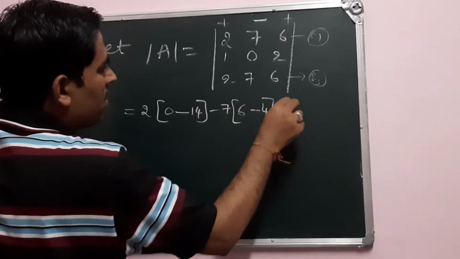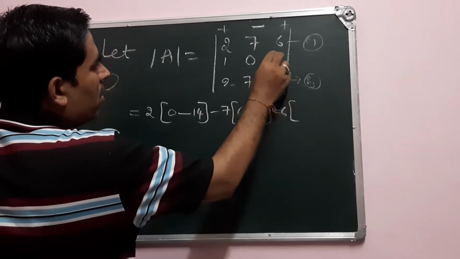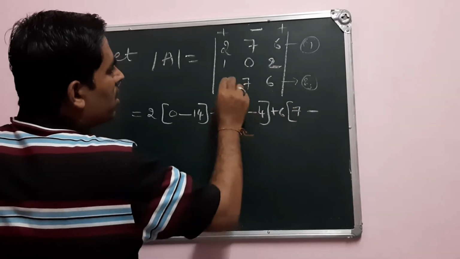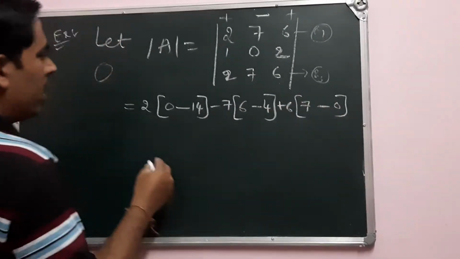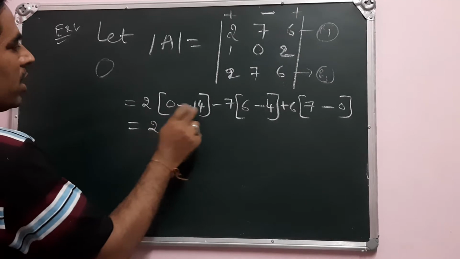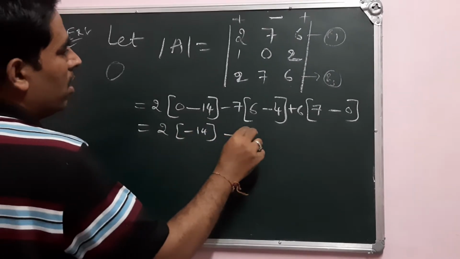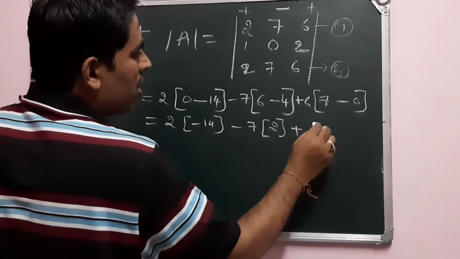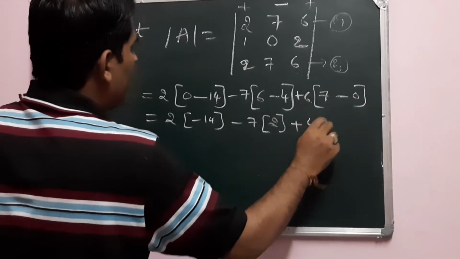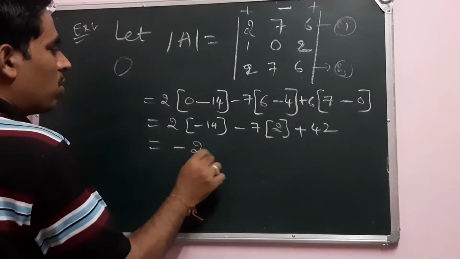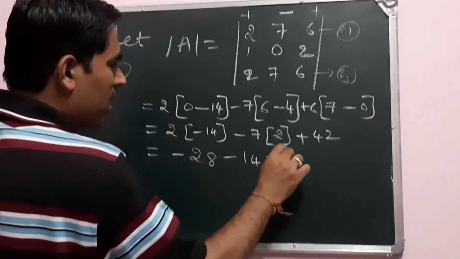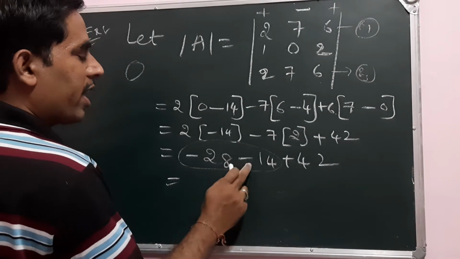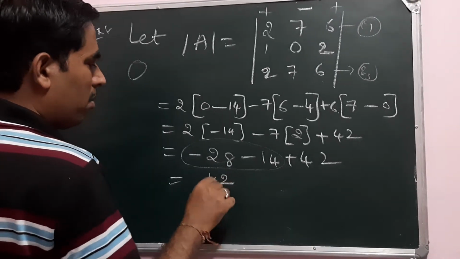Then plus 6, leaving this column and this row, 1 into 7 is 7, minus 2 into 0, that is 0. So 2 into 0 minus 14 is minus 14, minus 7 into 6 minus 4, that is 2, plus 6 into 7. This will be minus 28 minus 14 plus 42.